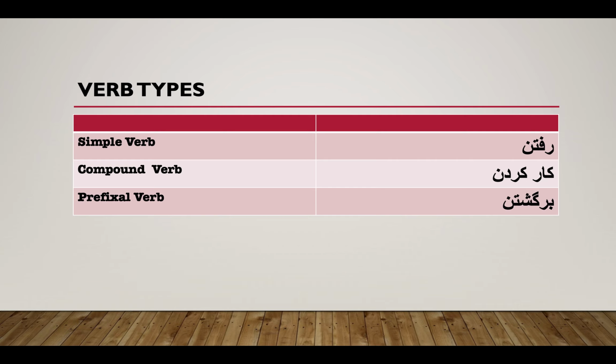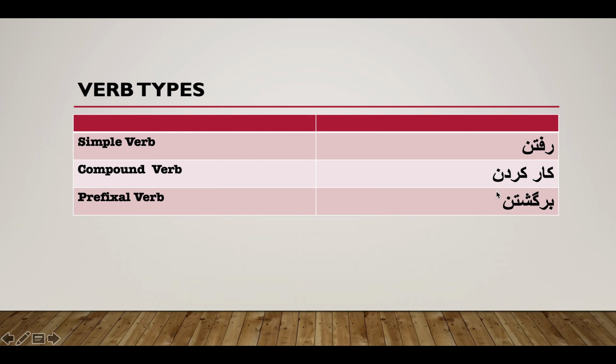This is the example that we have about simple verb. Raftan is a simple verb. And compound verb kar kardan, it consists of two parts. This is the noun part and this is the action part. And in conjugation, we work on this part only. And these are infinitives actually, because we see the big noon at the end.